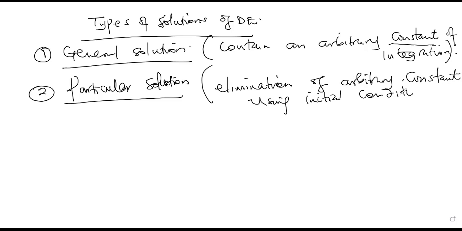If it is y and x, you're given the values of y and x, you substitute them so that you eliminate a constant, or you substitute for the constant.